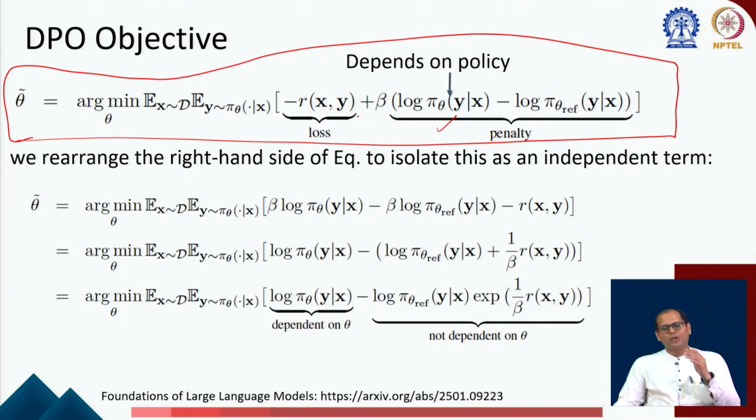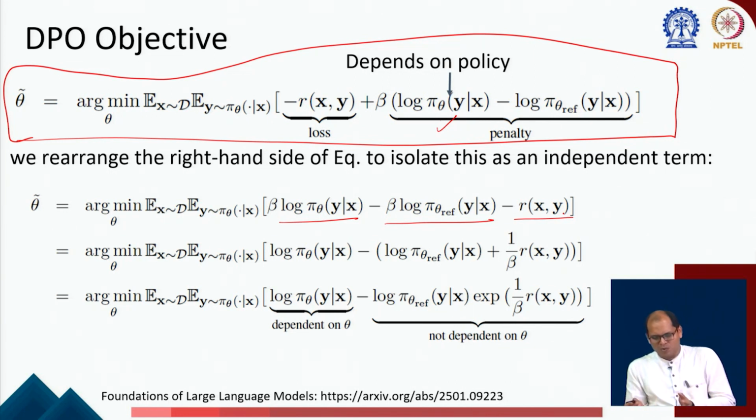Now, what we are doing, we say, let's rearrange this. We will still use the same form, but let's rearrange it such that we take this as an independent term. So: beta log pi theta(y given x), minus beta log pi ref(y given x), minus r(x,y). Same thing, just rearranged.